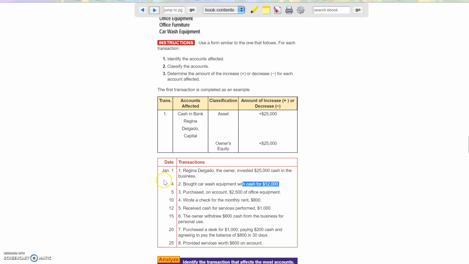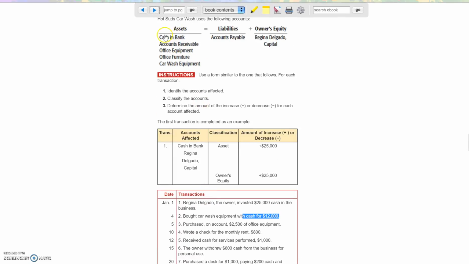Transaction number 4 says on January 10th I wrote a check for the rent, $800. Check, you'll remember, is equal to cash, and rent is an expense, and an expense decreases capital, and that was for $800.